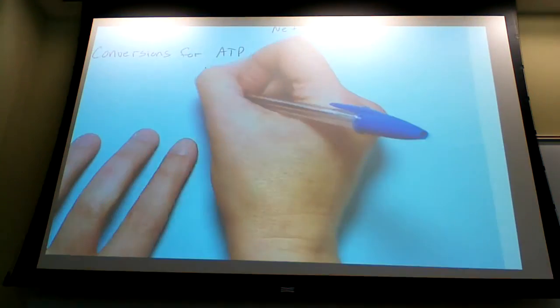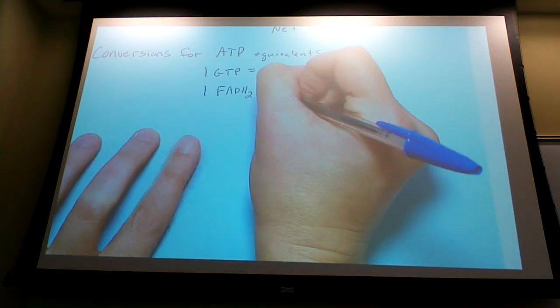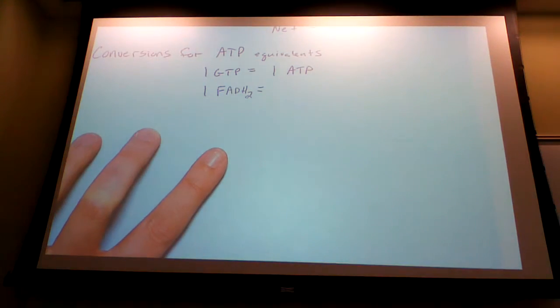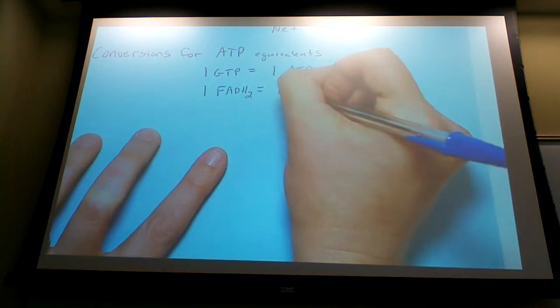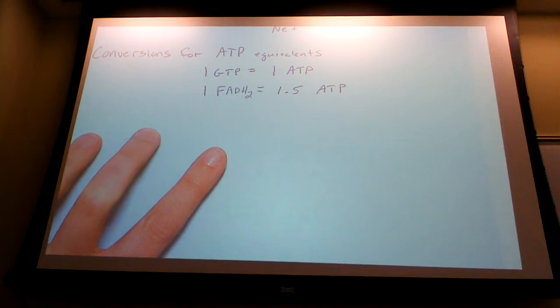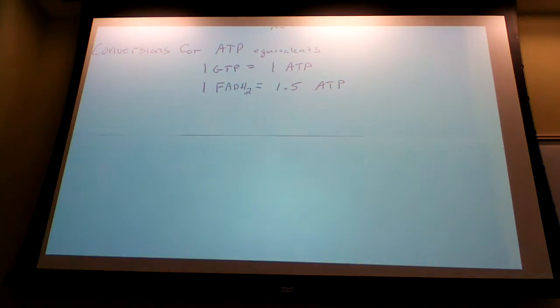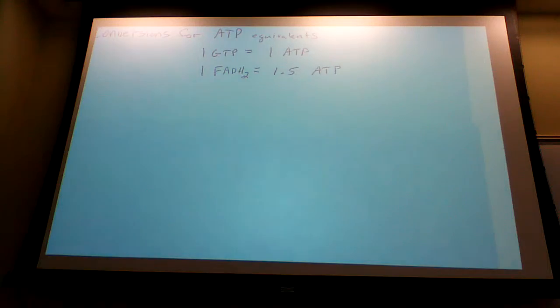FADH2 equals ATP, and for the longest time they used to teach 2. They would round that and say 2, but our electron transport chain and oxidative phosphorylation isn't quite perfect. So it actually takes more than just those 2 electrons to get the 2 ATP, so it's really closer to 1.5.